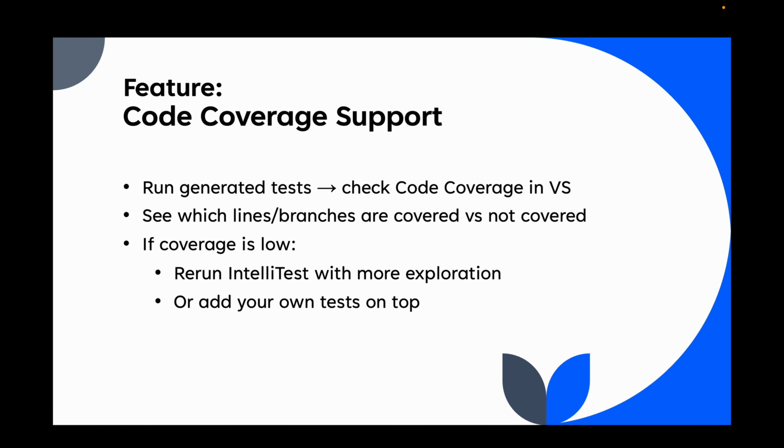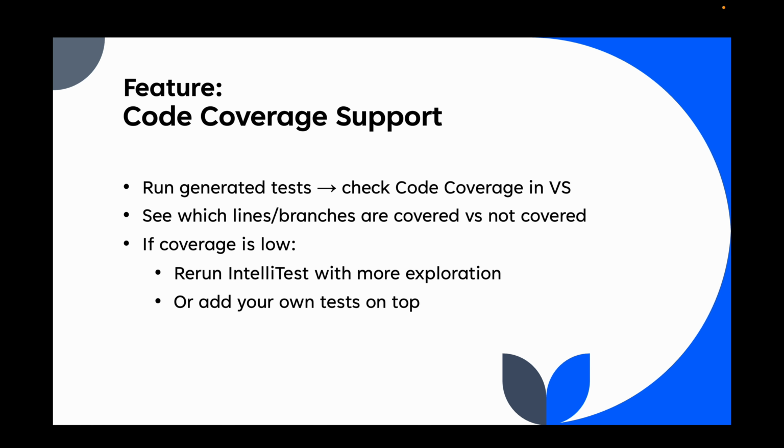In that view, we can see which lines and branches of our code are covered by the IntelliTest generated tests and which ones are still uncovered. This is really handy if your instructor or your team has a coverage goal, like we want at least 80% covered. Instead of guessing, you get a clear visual map of what's tested.